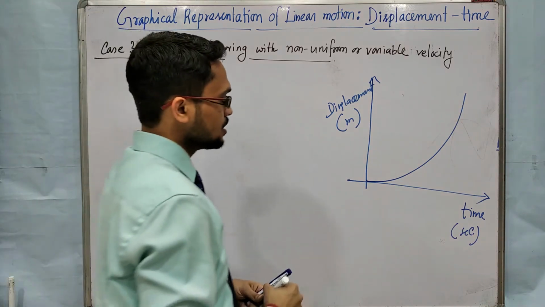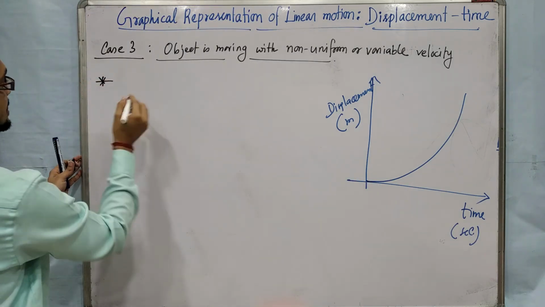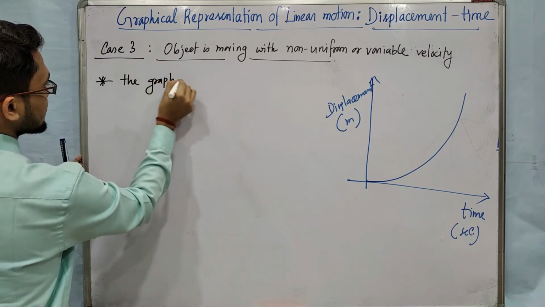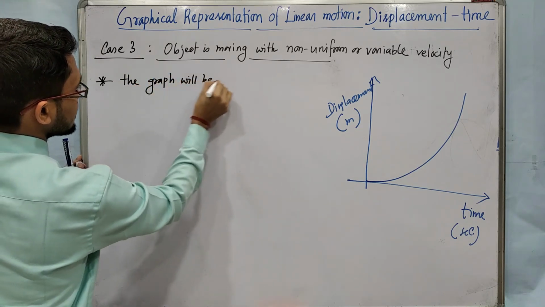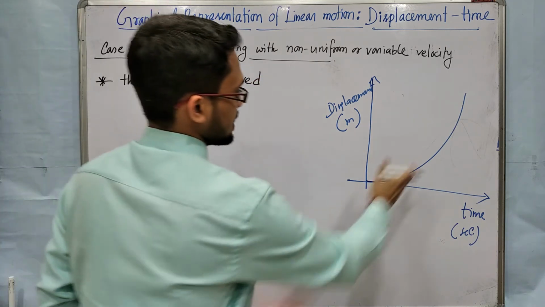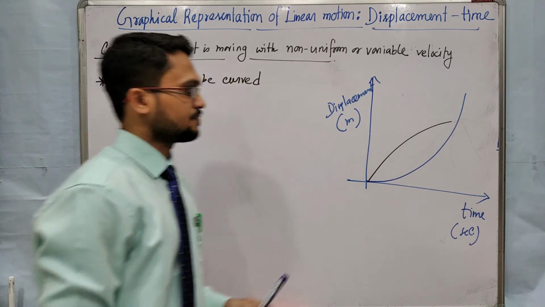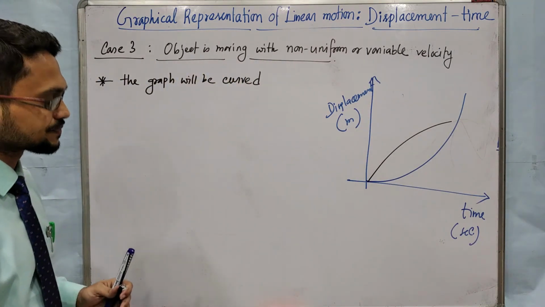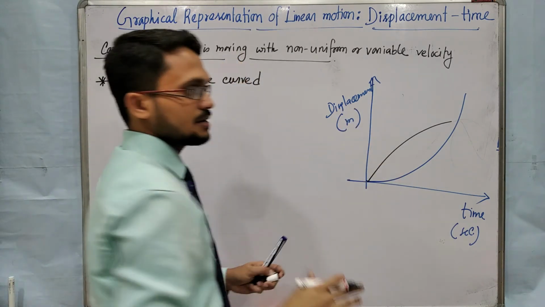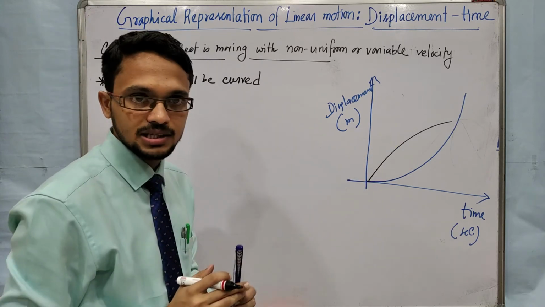Okay, so first write the statement. So for this thing the graph will be curved. Okay, curved may be like this or curved may be like this. Okay, but it will be curved. Okay, so here we know that the displacement time graph gives us the velocity. So here how will you calculate the velocity?